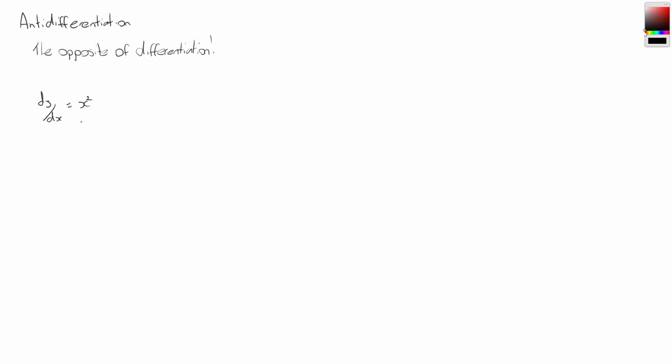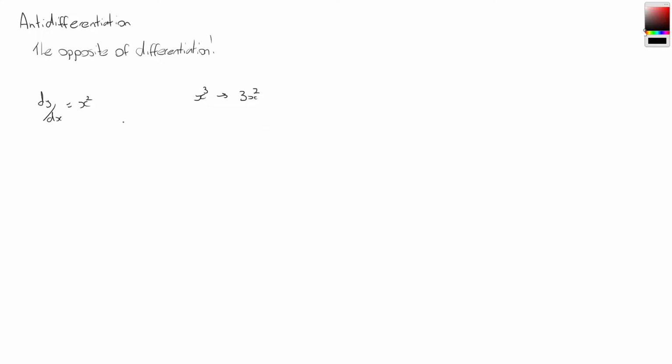So how does this become x to the power of 3? Well, there's other bits missing from it as well. We know that if we were to differentiate x to the power of 3, then that's going to be 3x squared.